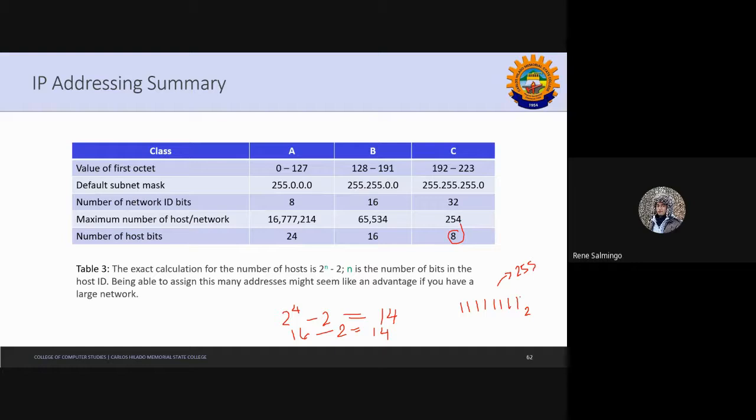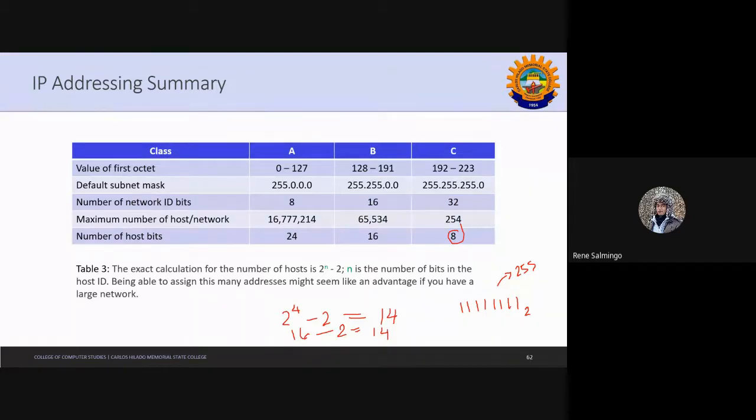Okay. So if you have only a small local area network, for example, let's say 4.